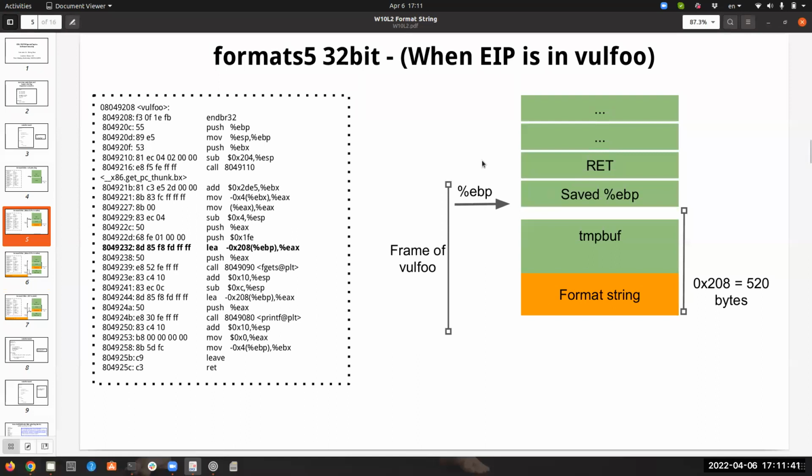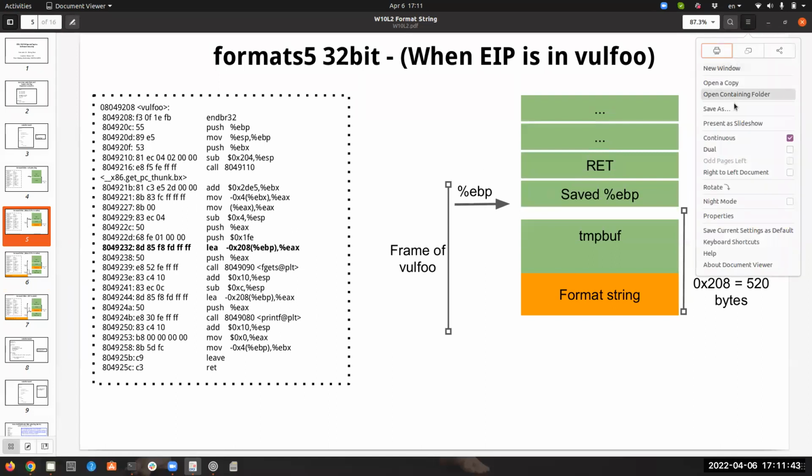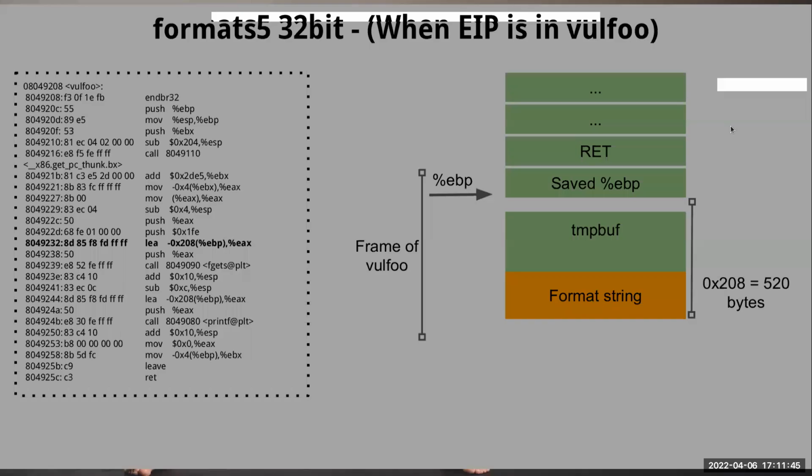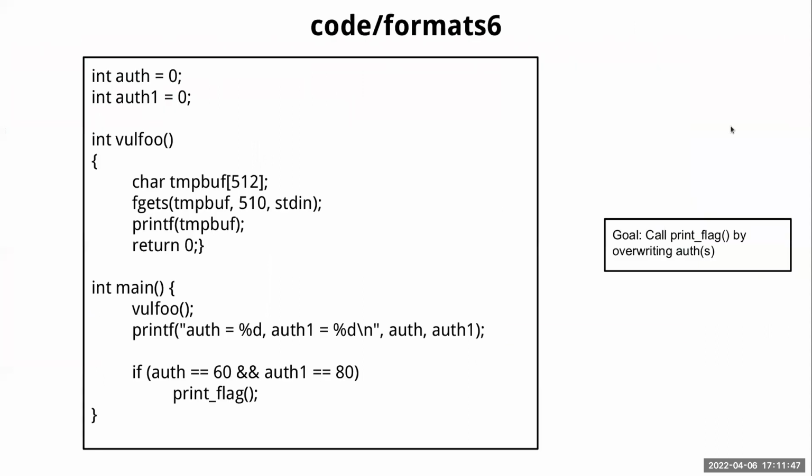So this is level 5. If we move forward to level 6, then you will understand how we can control this number. Level 6 is almost the same as level 5. We have 2 global variables.